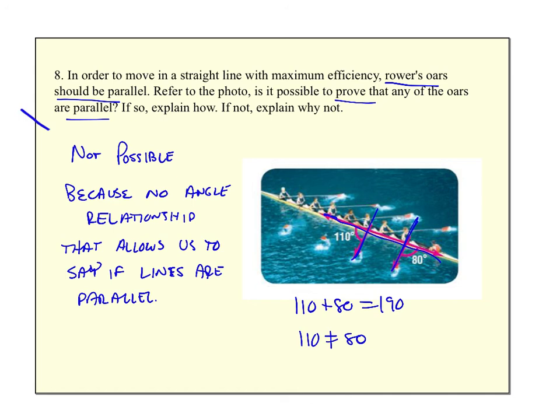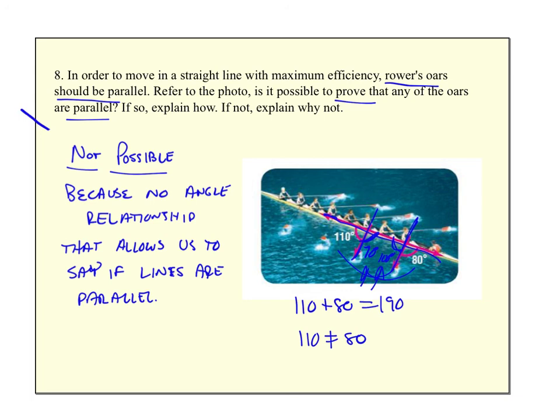You don't know how big this angle is. Well, you could argue that this is going to be 70. This is going to be 100. So that's 70. That's 100. That doesn't help us at all. So I'm saying it's not possible to prove that any of the oars are parallel. We just don't know enough angle information to tell us.